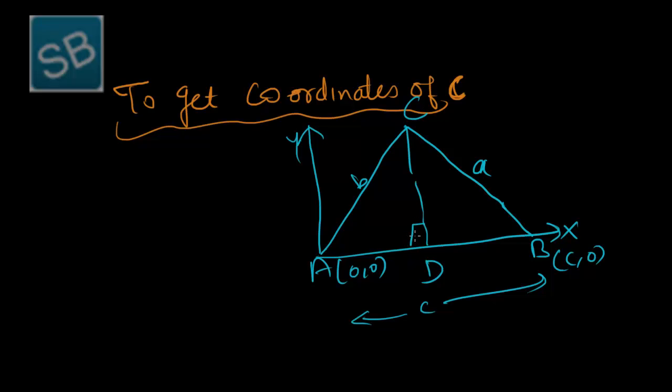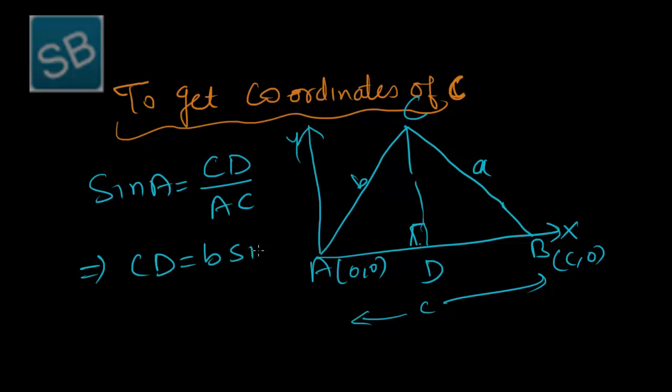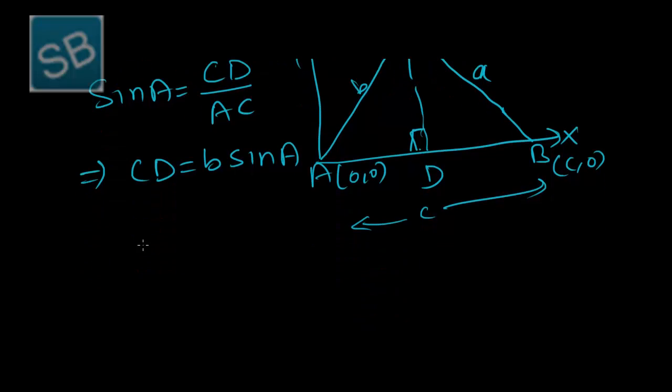Now as it is perpendicular, that is 90 degrees, sin A is equal to CD over the hypotenuse AC. So we get CD is equal to b sin A, and cos A is equal to AD over b, that is base over hypotenuse.